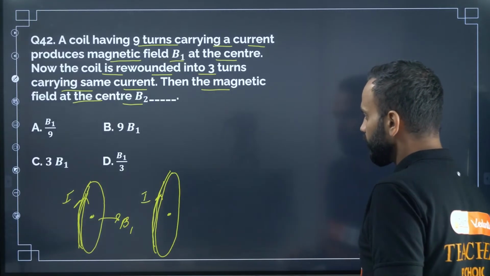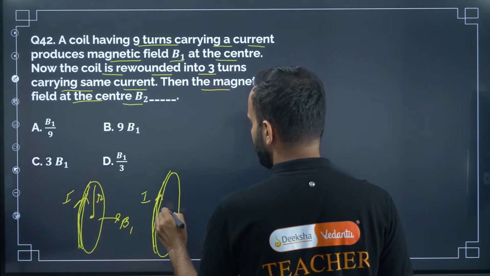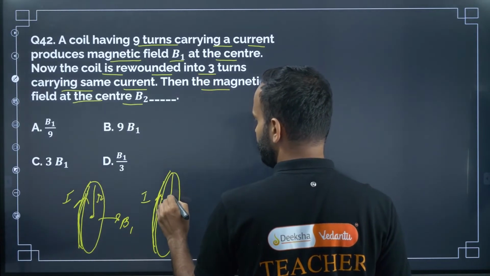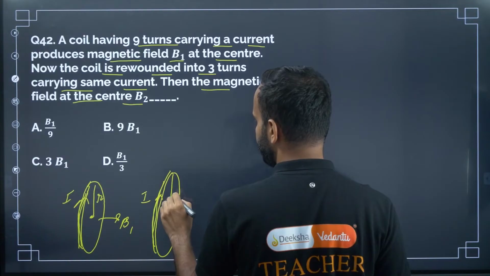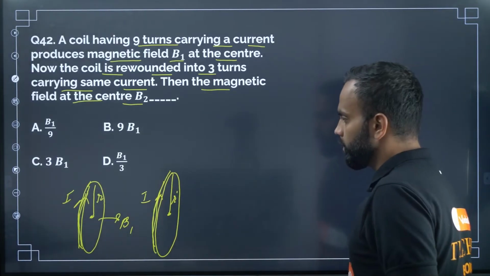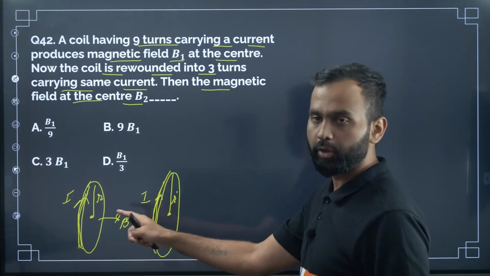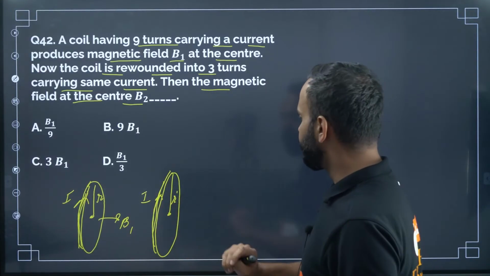Okay, so here the radius of the first coil is R, the radius of the second coil is here R dash. Okay, so now what is the circumference of the coil? 2 pi R. How many number of turns are there? 9, right?